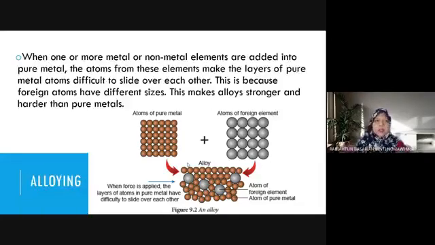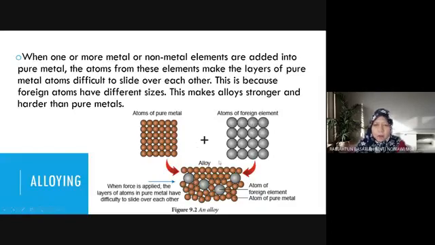So when one or more metal or non-metal elements are added into pure metals, the atoms from these elements make the layers of pure metal atoms difficult to slide over each other. This is because the foreign atoms have different sizes. This makes alloys stronger and harder than pure metals. You see from this diagram, here are atoms of pure metals. Here is an example atom of foreign metals.